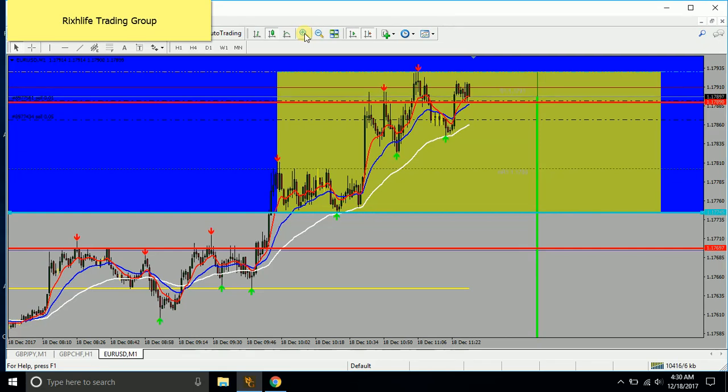You definitely want a strong 3 attempt rejection on the 1 minute chart at least to really even want to confirm or take an entry.